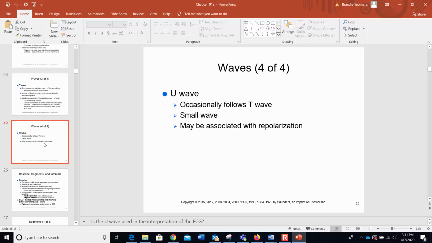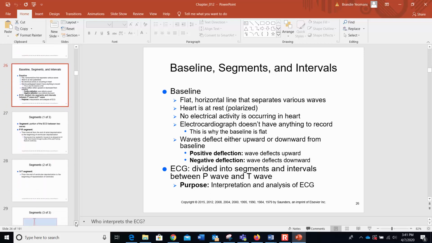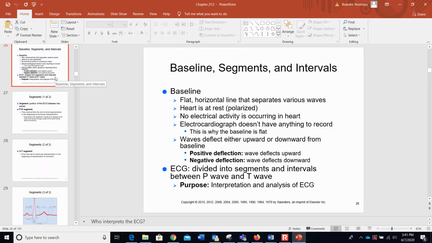So there's oftentimes another little wave that we will notice, and it's called the U wave. It's typically going to follow that T wave, and it's usually really small, and it's going to be associated with repolarization. Okay, so let's look at a little bit more information about the ECG and how it looks on the paper.